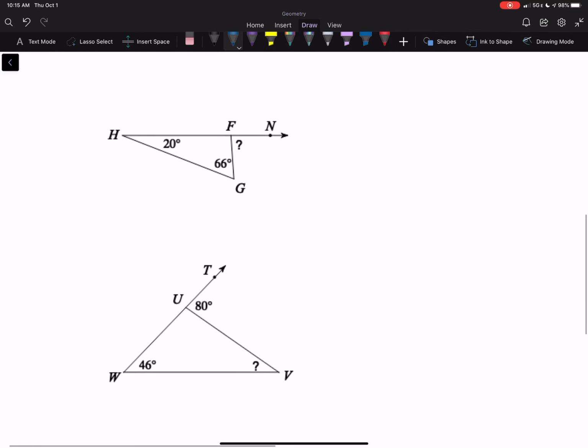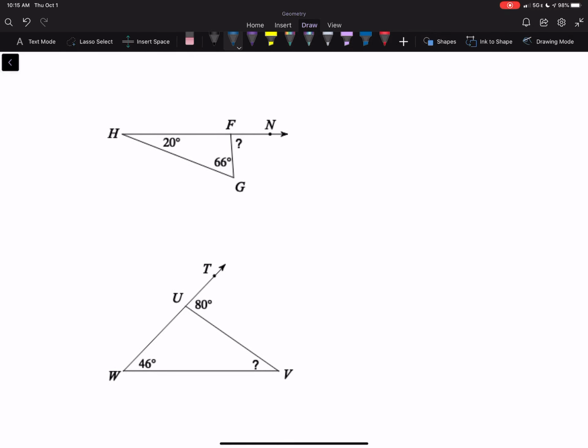All right, so now the letters have changed. They're not A, B, and C necessarily, but this is an exterior angle that we're trying to find right here. And we're trying to find that one.